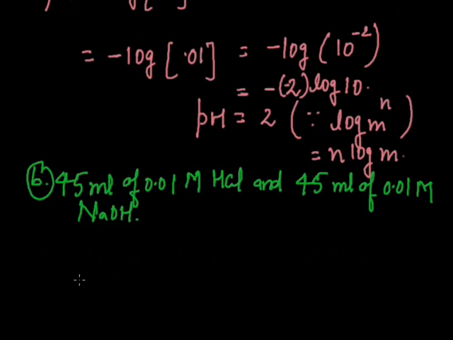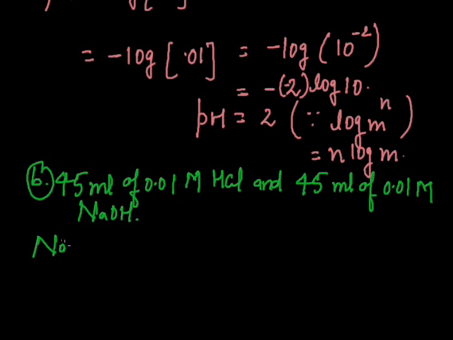NaOH. As we know, NaOH is a strong base and HCl is a strong acid. The salt formed by a strong acid plus a strong base will always be neutral in nature.